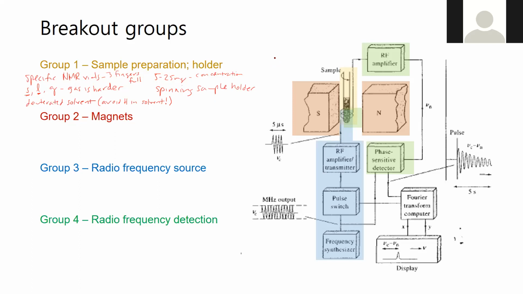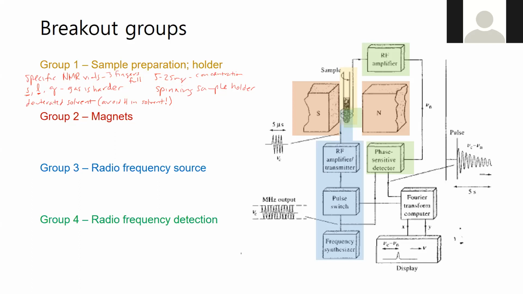It's kind of like a donut that goes around the sample tube, and the spinner usually has white and black markings around the edges that indicate how fast your sample is spinning in the magnet.